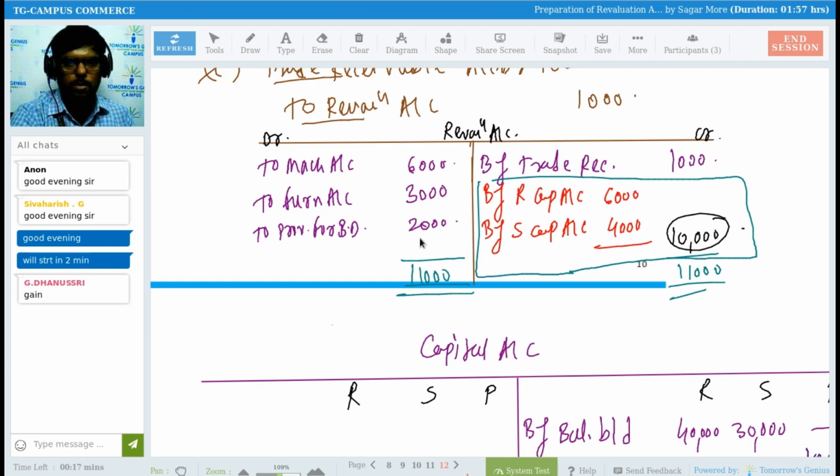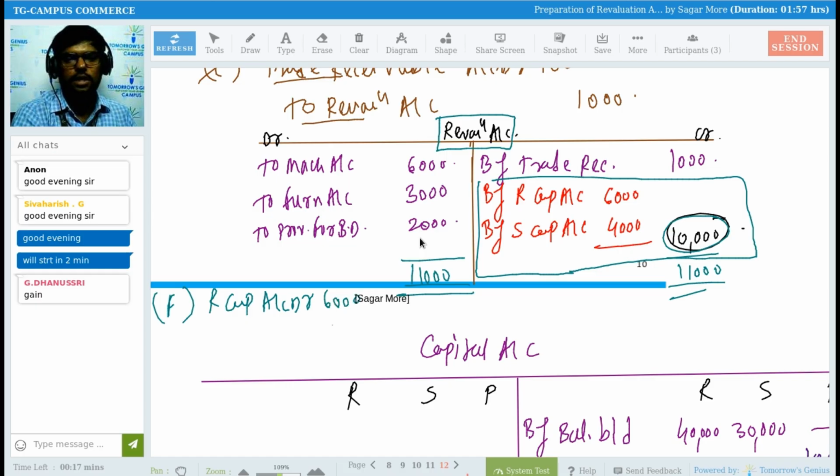First of all, revaluation. R's capital account debit 6,000 rupees, S capital account debit 4,000 rupees, to revaluation account 10,000 rupees.